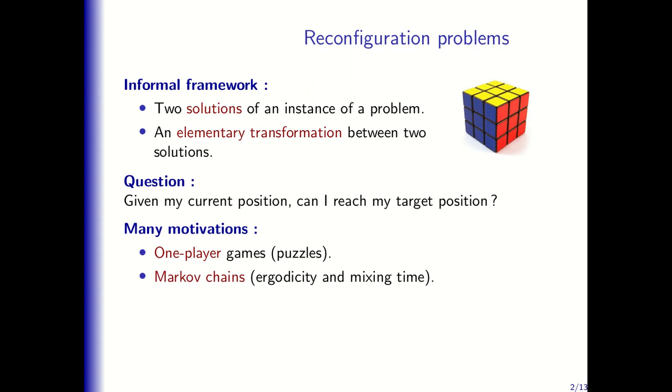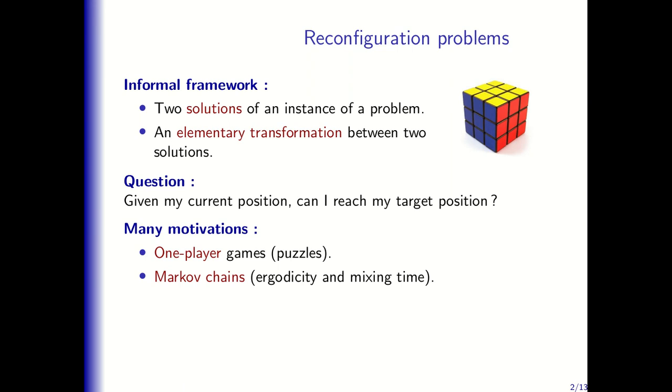Another motivation, which is really coming from completely different fields, is Markov chains. When you are given a Markov chain, you start with some position or some solution of your instance, and you make some slight modification of your instance at any step. And you want to determine if it is possible to generate any solution by just doing this random walk, and if yes, how much time you need to be sure that your solution is selected almost at random.